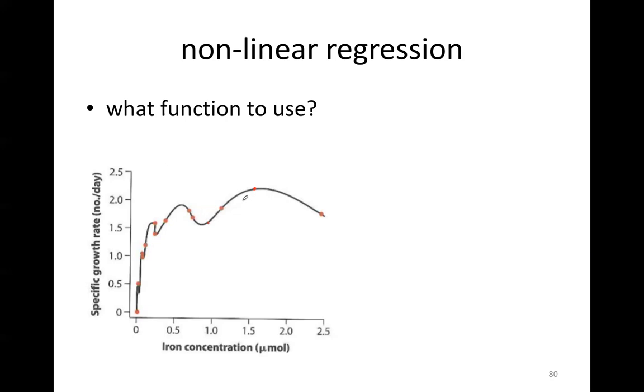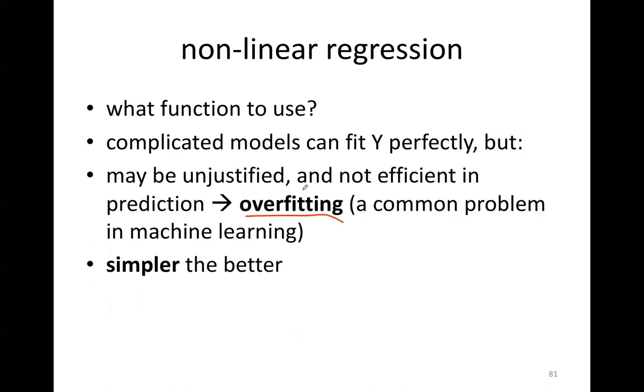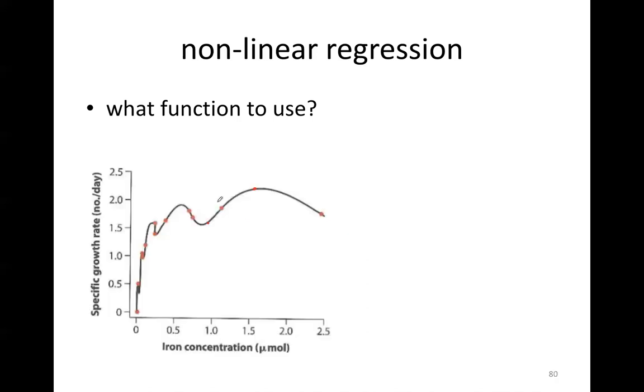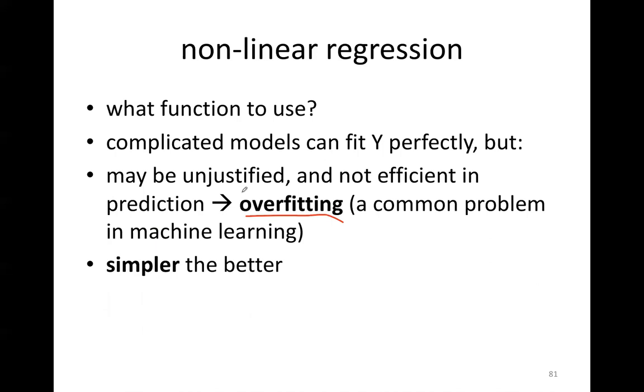But in fact, do we really believe this curve or this curve? Do we really have enough data points, enough evidence to trust the shape of this regression curve? No. Obviously, there's too little data, and the model is too complicated for too little data, and that's called overfitting.